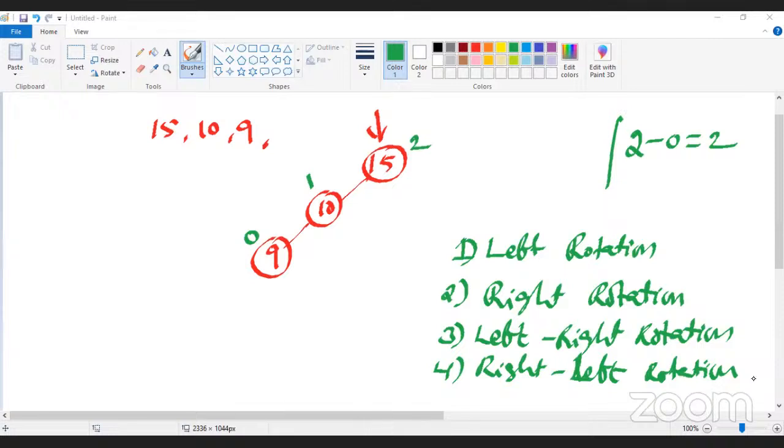Right rotation only, sir, because 15 we are moving to the right. Then only 10 will take the root, sir. Right of 10 we are moving.